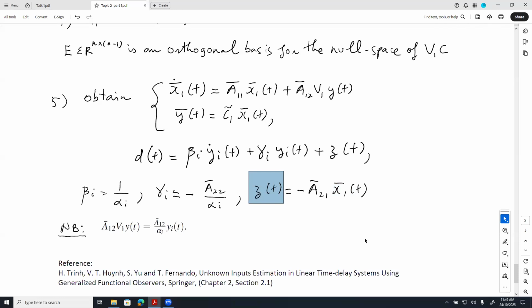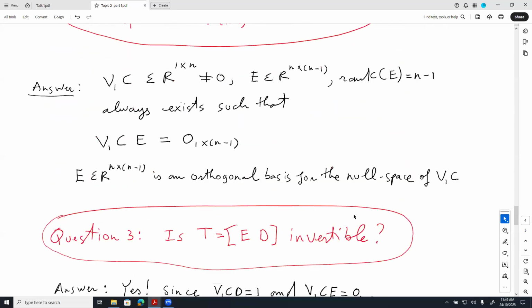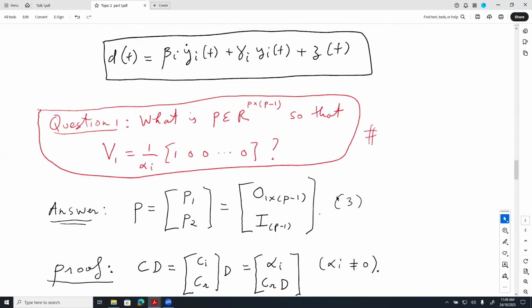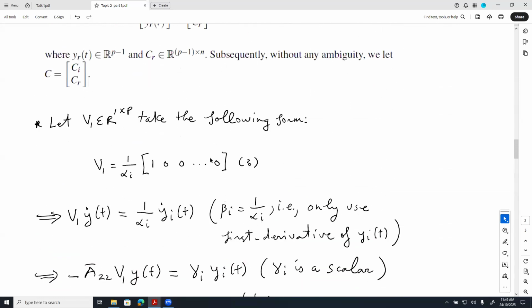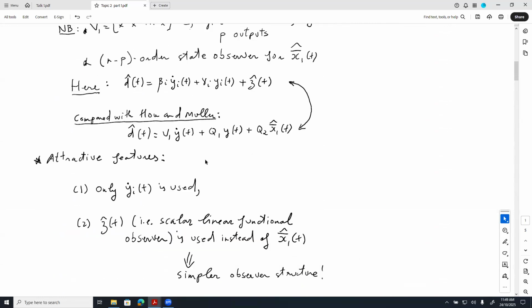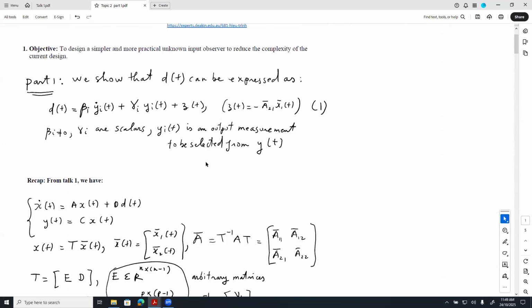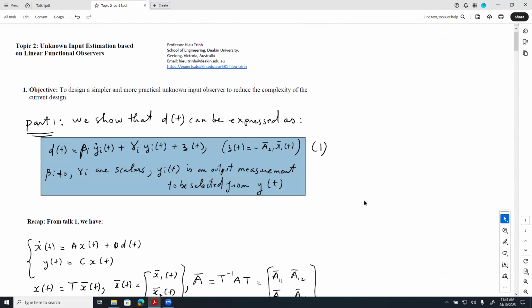In summary, in this short presentation, we show how we can do a simple novel matrix decomposition technique. We can express the unknown input in its simplest form, and we can always achieve it as long as the observer matching condition holds.